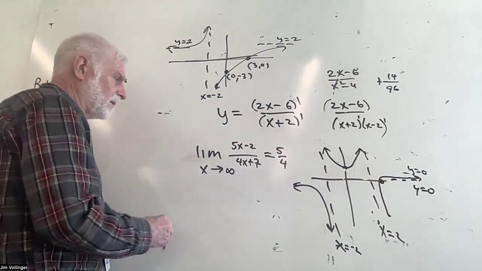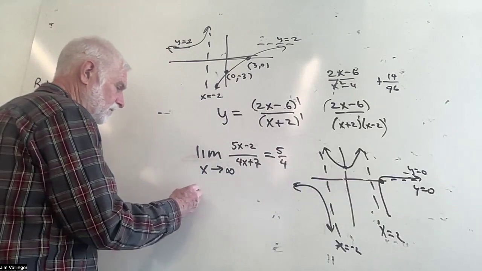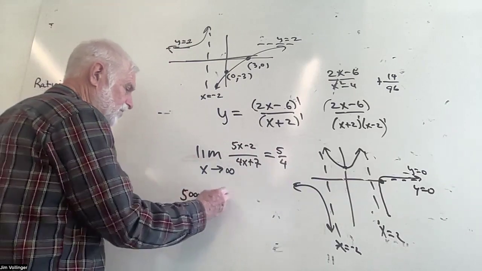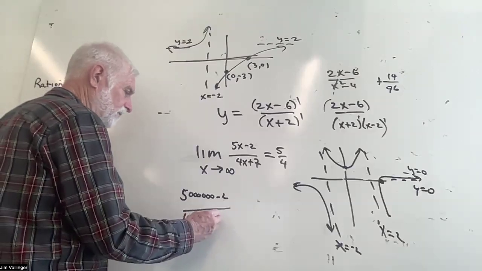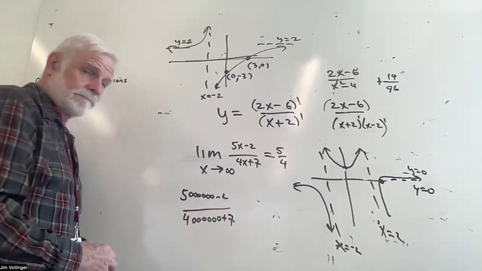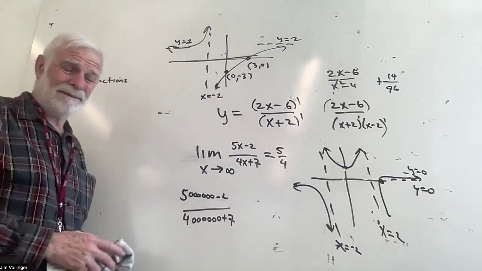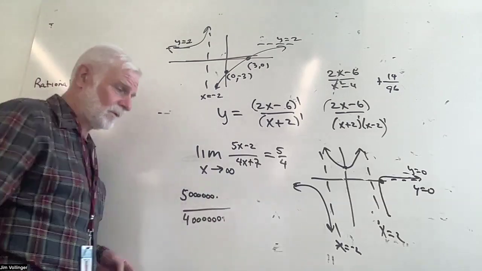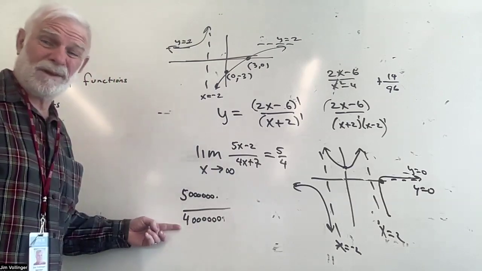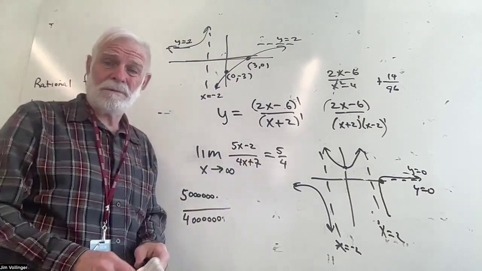How about we put 1,000,000 in? So I have 5,000,000 minus 2 over 4,000,000 plus 7. If you want to approximate, I don't think you're going to mess around with the 7 and the minus 2. 5,000,000 divided by 4,000,000 is a 5-to-4 ratio.